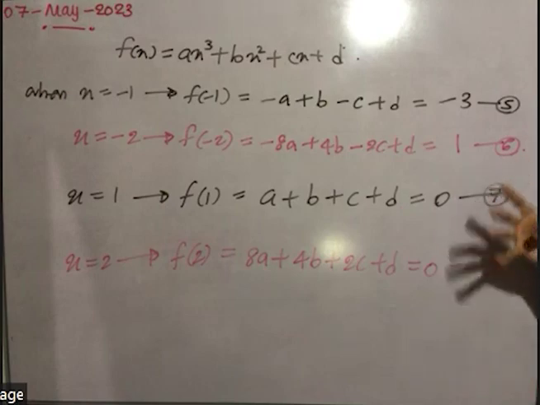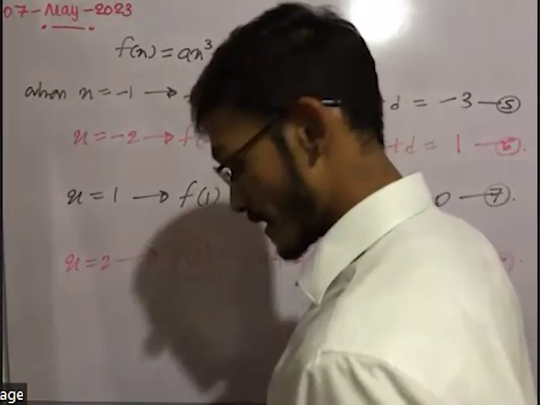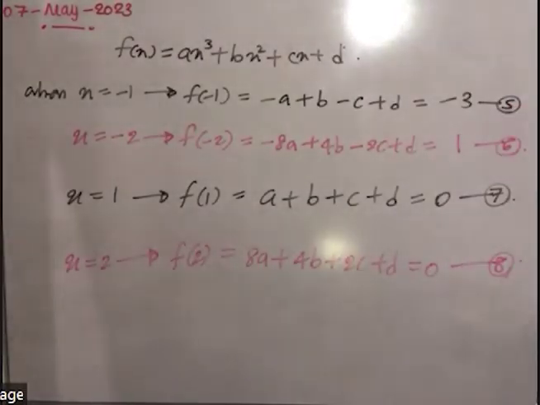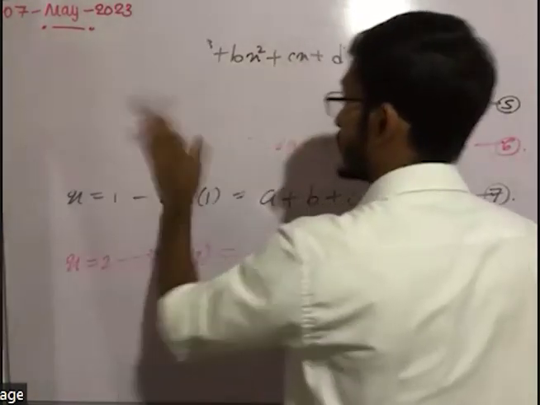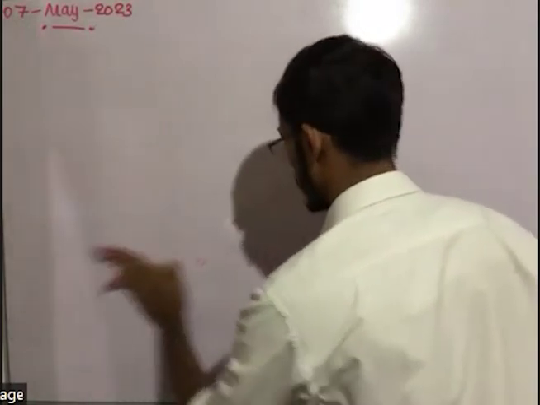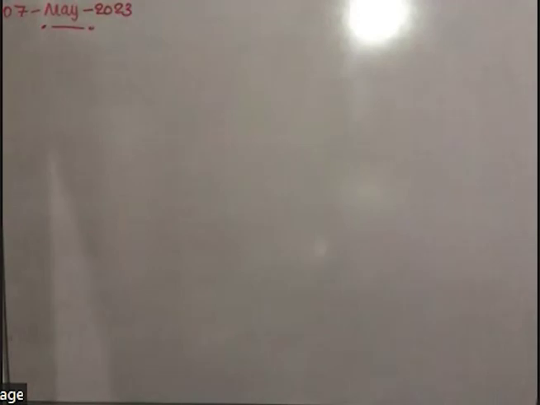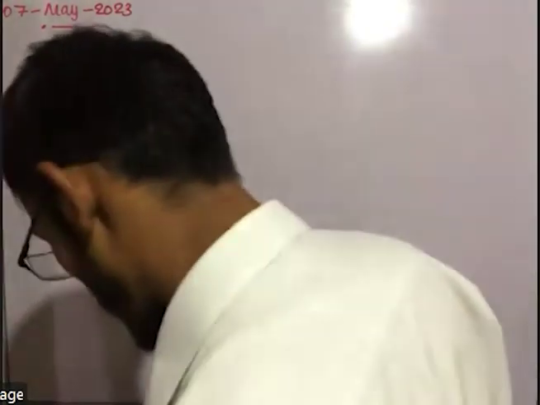Now I will take number 5 and number 7 equations, so let's find the values of these.